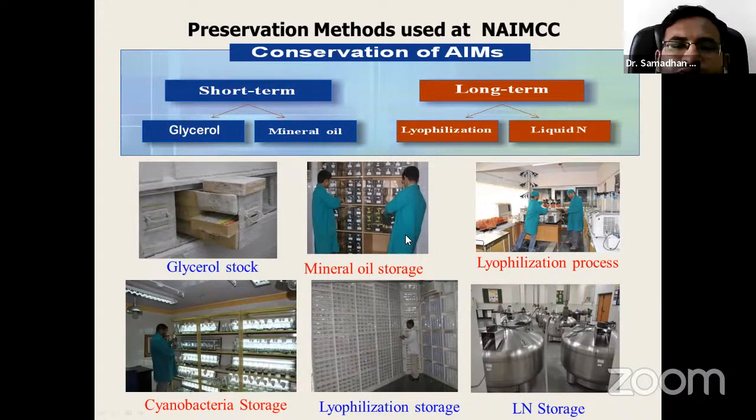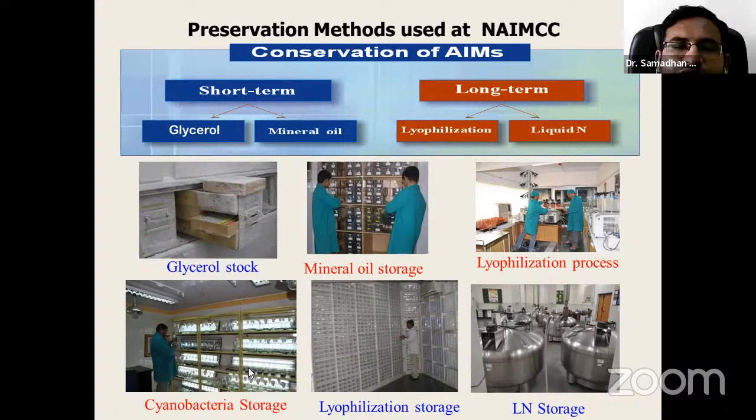Then the lyophilization process. You can see this is the lyophilizer. It is a very useful process and widely accepted for storage of microbes. Then cyanobacteria: it is very difficult to store them long term.